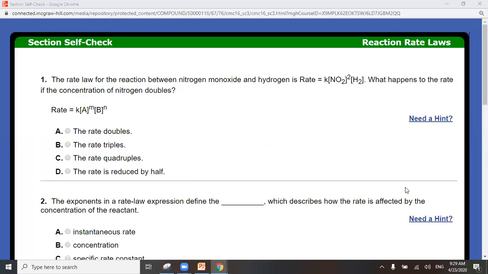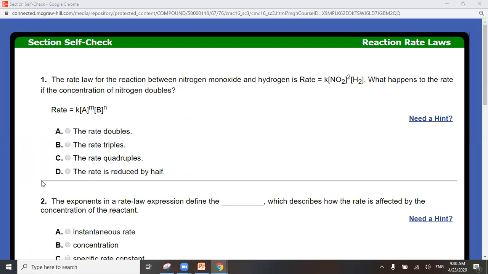Question number one. The rate law for the reaction between nitrogen monoxide and hydrogen is rate equals K times NO squared times H2.